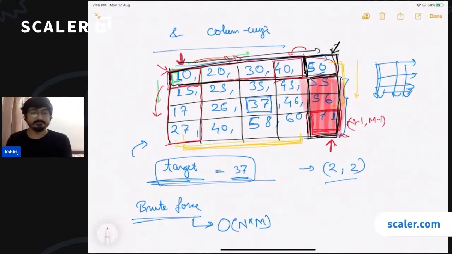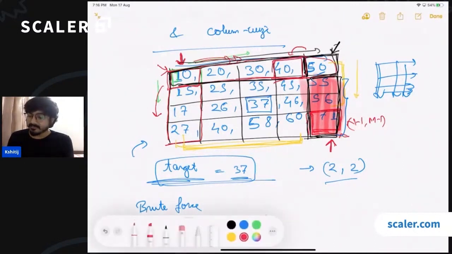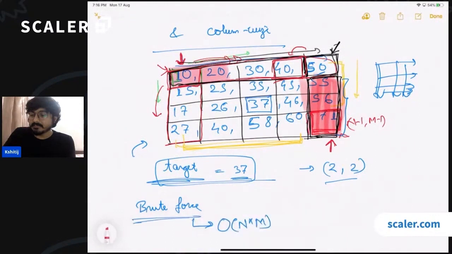So if the target is less than 50, I can directly move to this cell and I can start comparing from this cell. Now, if the target is greater than 40, can I say that target will never be present in the remaining part of this row? If the target is greater than 40, I know that all these elements are less than 40 because the row is sorted in ascending order, right? So now these elements become irrelevant for us.